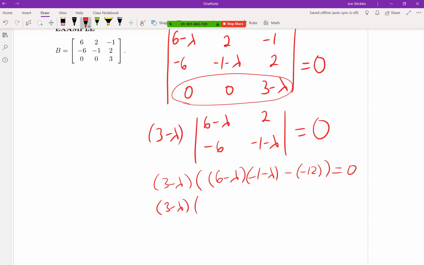So I just need to expand this out and then try to refactor it if I can. So let's see, we have lambda squared. I get a plus lambda and a minus 6 lambda, so that's minus 5 lambda. I get a minus 6 and a plus 12. So I get a plus 6. And then that refactors nicely.